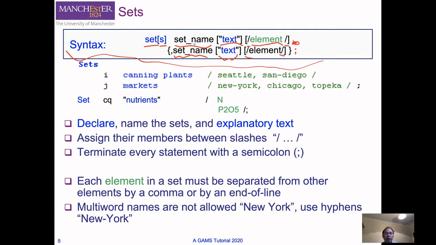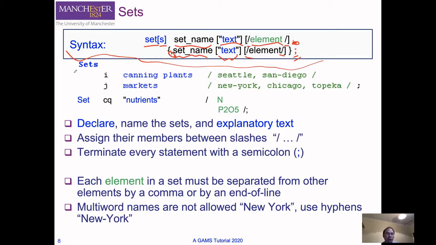If we define different sets in one line, then we should use comma to separate different sets. If we define different sets in different lines, then we don't need to use comma, because these different sets are separated by an end of line. After we define this statement, we need to add semicolon to tell GAMS this statement is finished.